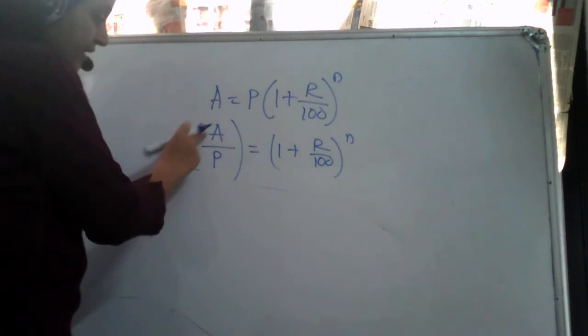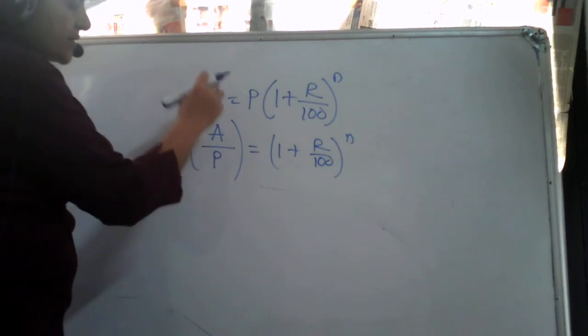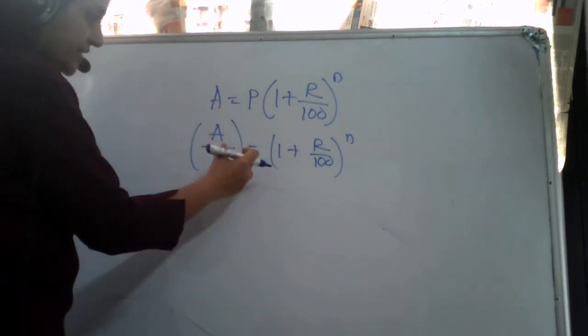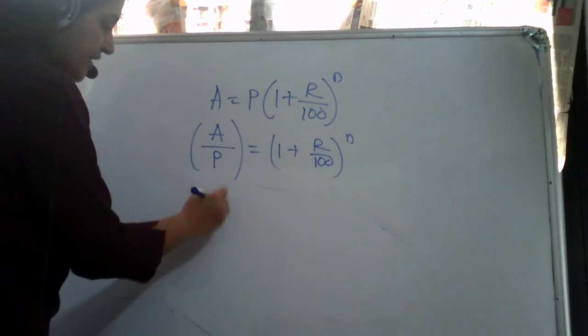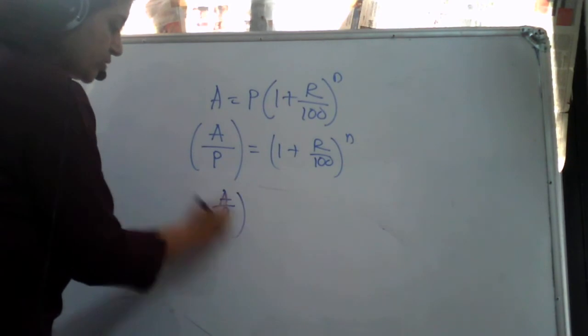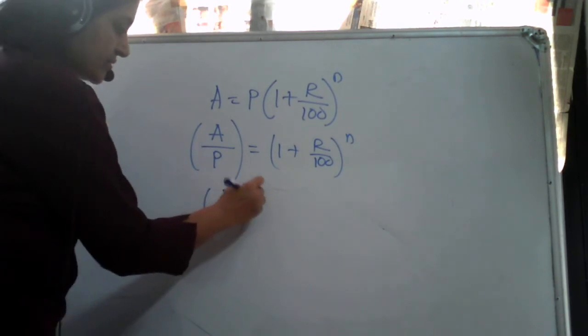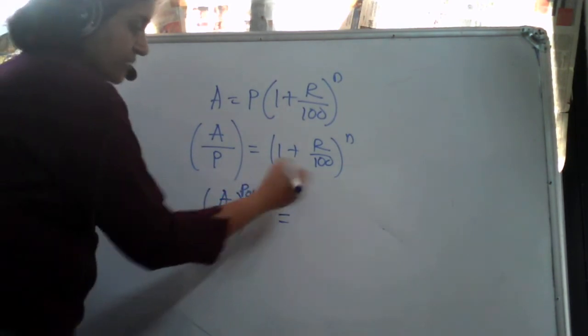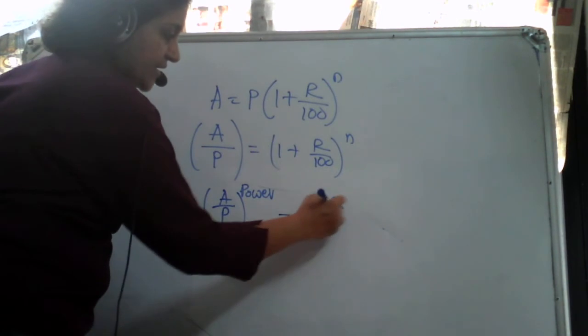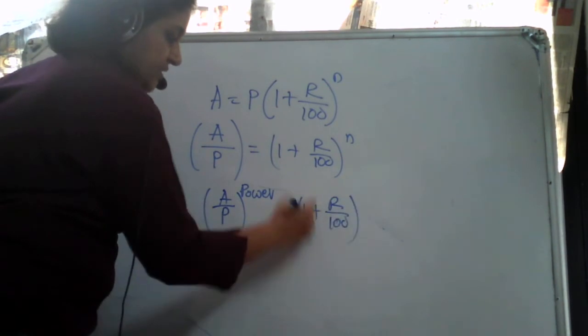When A and P are written in the form of an exponent, A upon P to the power, whatever power comes, that will definitely be equal to this n.